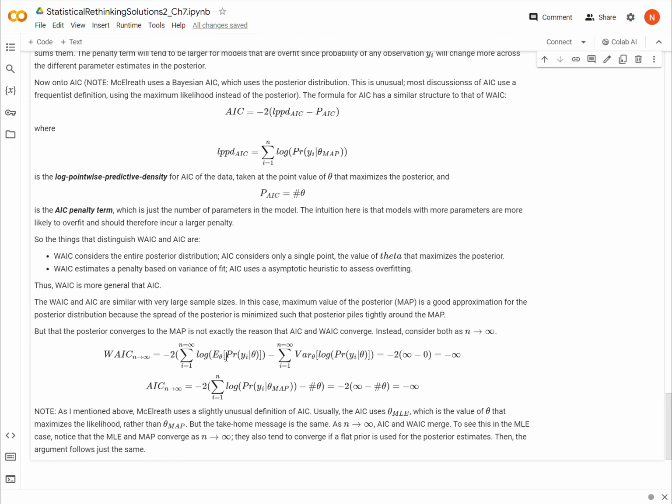But anyway, I'm summing infinite things, and so that's going to become infinite. And then the penalty term here, as I have infinite observations, well, then my estimate of the posterior distribution becomes increasingly precise to where there is no more variance around the posterior distribution, right? That's what we already discussed. And so there's no penalty. And so then when I multiply -2 times what we have in there, I just get, again, negative infinity.